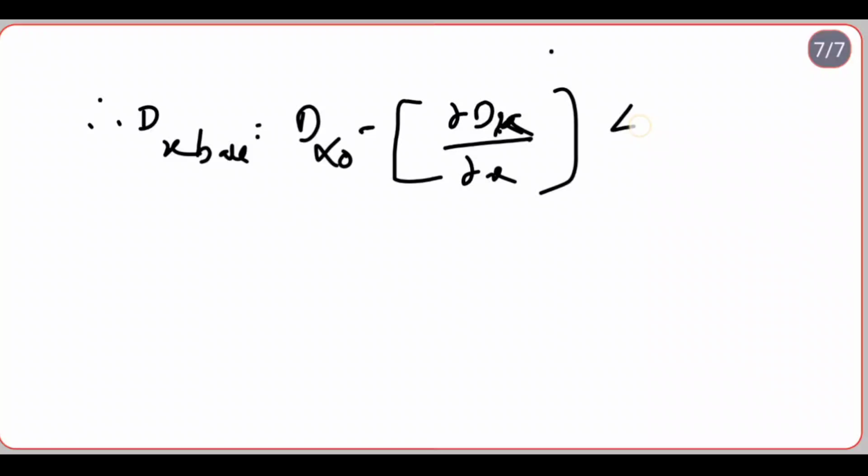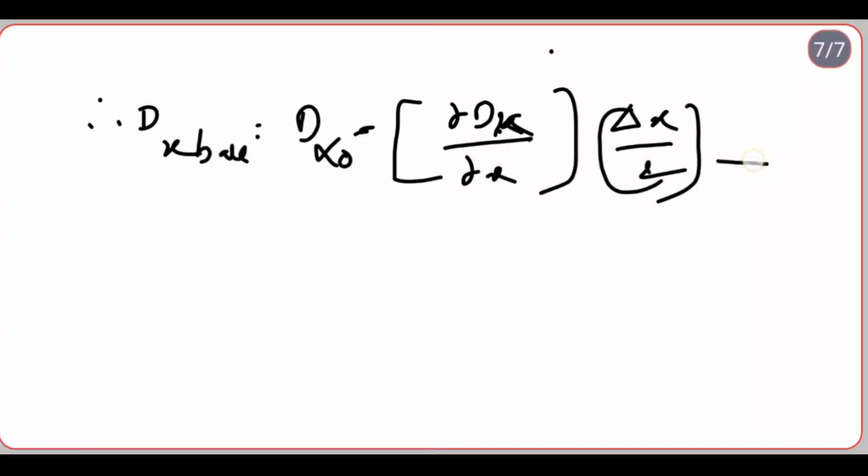The same formula we write here also, delta x by 2. The negative sign is used as the surface is in the negative direction of x from point P, because it is the negative direction, hence we use the negative sign.